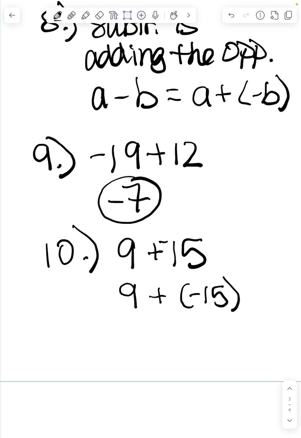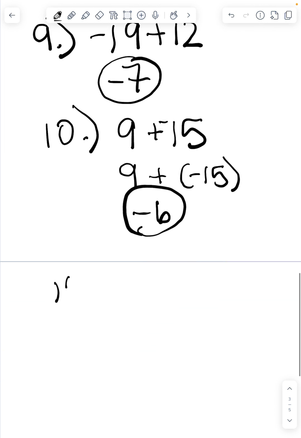So 9 minus 15 is the same as 9 plus -15, which means now you're adding 2 integers that have opposite signs, which means you are going to end up subtracting them, and then you're going to keep the bigger sign. So in this case, it's -6.